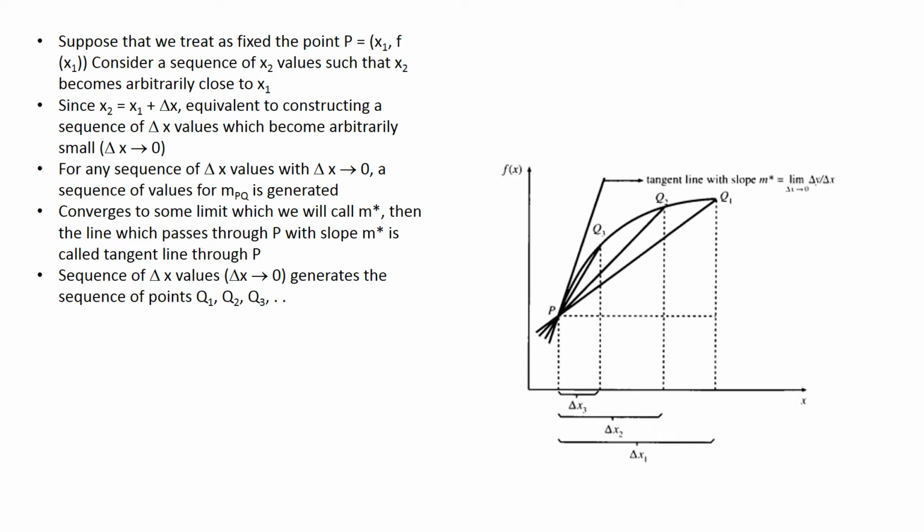How small can del x be? Del x can tend to 0, and in this limiting case, let us say the slope of the secant is m star. In that case, m star is the slope of the function.